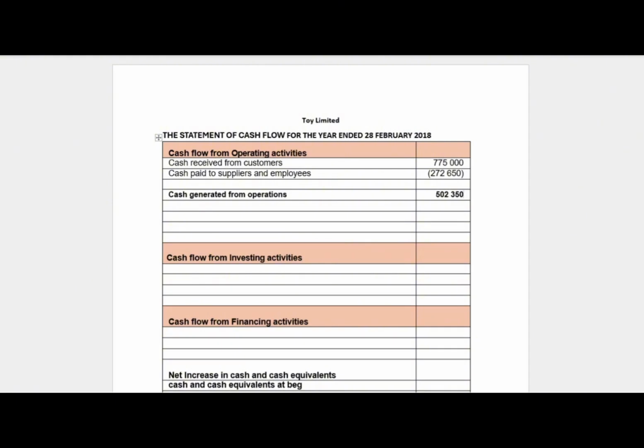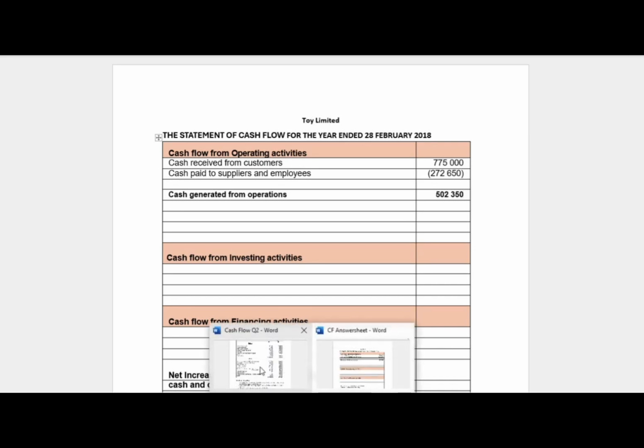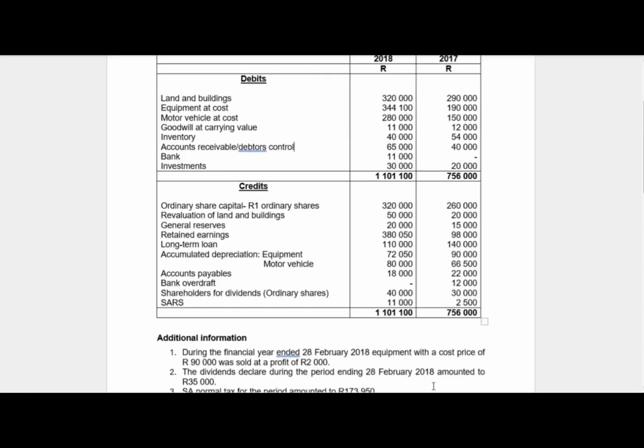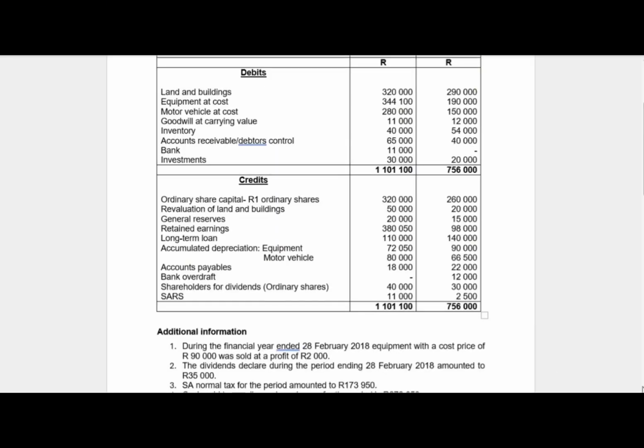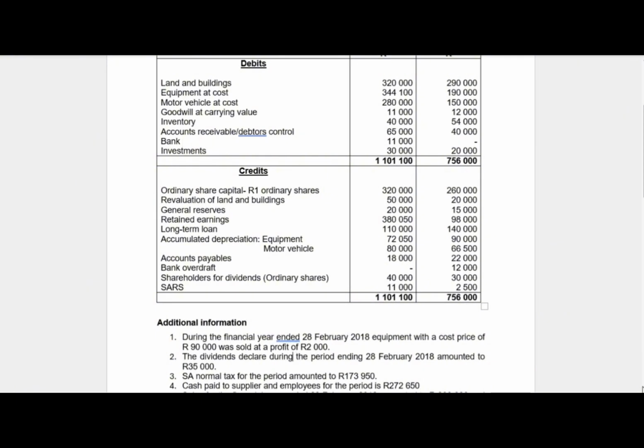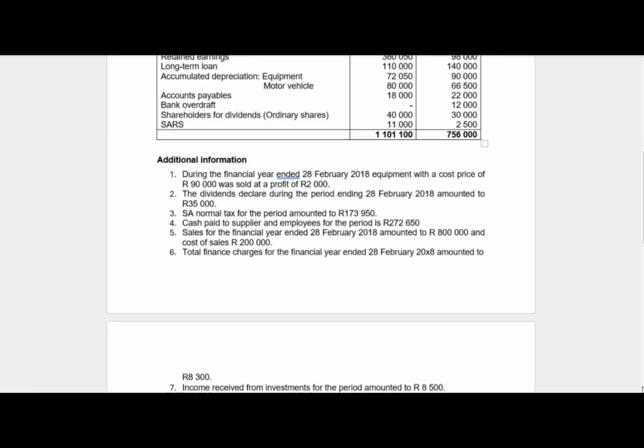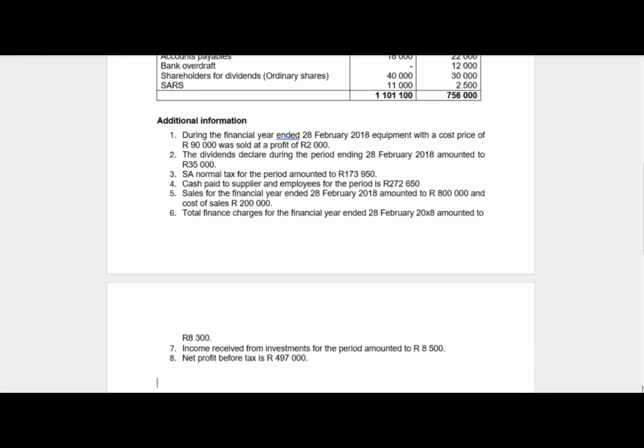And then we also have to include other items that will form part of the calculations of the cash flow from operating activities. When we check our additional information, we have transaction number 7, income received from investment, which is investment income.